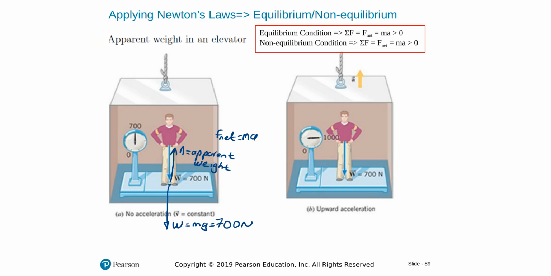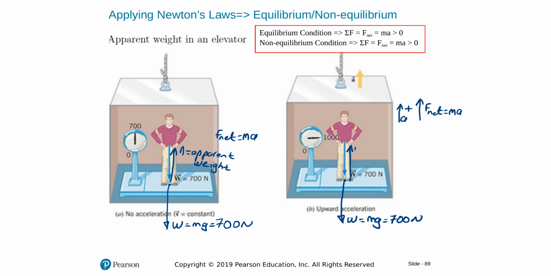For example, if the elevator is accelerating upward, I right away stop and say, okay, upward is positive then, because a is upward, and F net should be upward because it's equal to ma. A is upward, F net is upward, so up is positive. Then I show my forces. Weight is already shown on the person, but I'm gonna show it again on the scale here. Weight, that's mg, that's equal to 700 newton here.